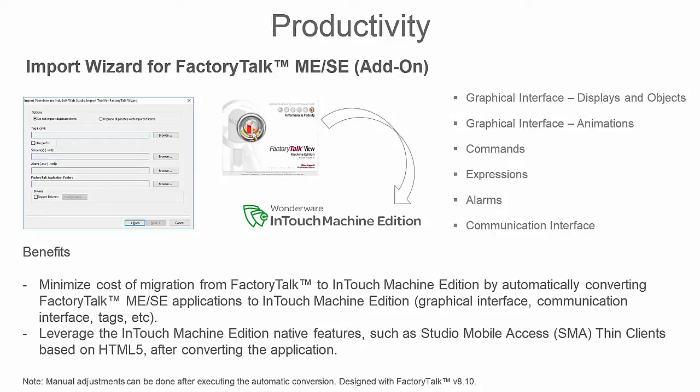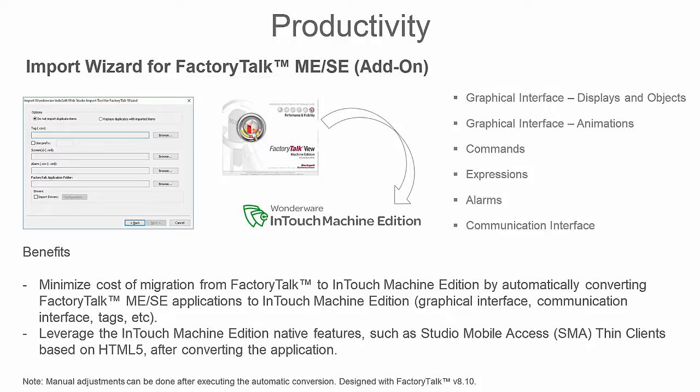So this particular import wizard supports applications created with FactoryTalk ME Machine Edition as well as FactoryTalk SE Site Edition, and we conducted the development and the tests with FactoryTalk version 8.10. Doesn't mean it does not work with other versions, but that's the version that we used as reference to conduct the design and the tests as well.